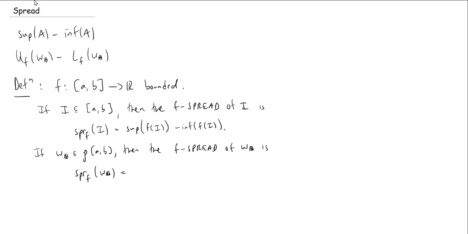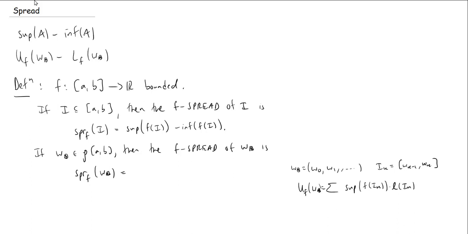I can break up W into W0, W1, and so forth, with intervals IK, which is [W(K-1), WK]. I look at the supremum of f on each IK and multiply by the length of IK. And that's the upper sum.